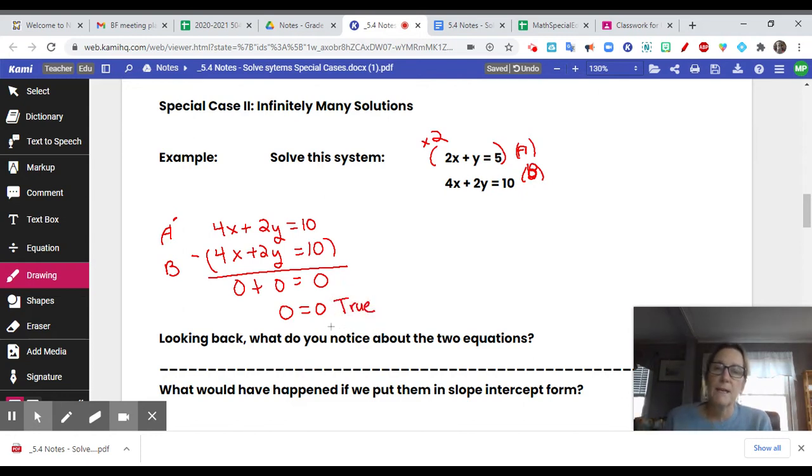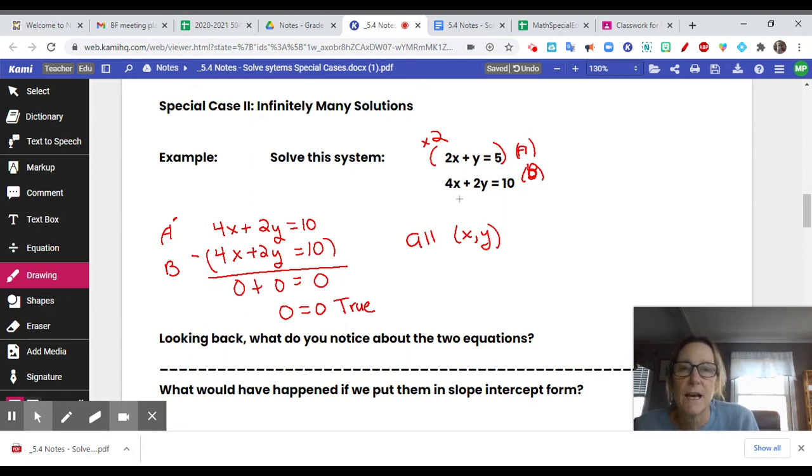Okay, so remember what that means. It means that what we started with was true, which means that in this particular case, all the numbers work. Well, not all numbers, but all x and y's that are on one equation work in the other equation.